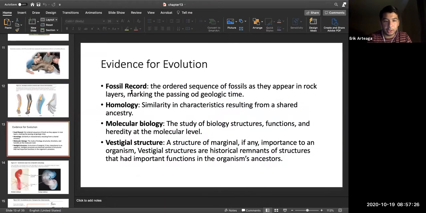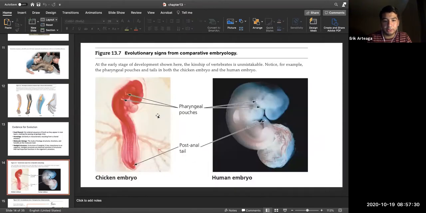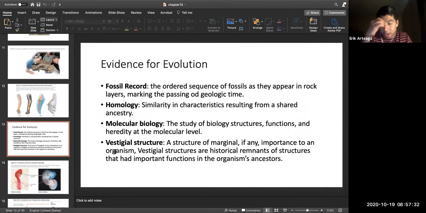So fossil record, homology: similarity of characteristics from shared ancestry, so the bone structure. Molecular biology: we can see very specific gene structures and very specific proteins produced in a specific subset of those organisms. We also have vestigial structures. These are useless or unimportant structures found in an organism, and they're remnants of the ancestors.